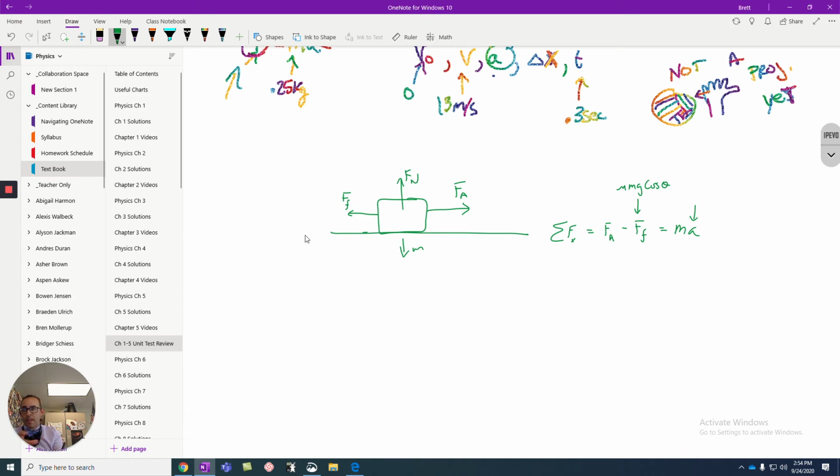Assuming this is a flat surface, cosine of theta goes away because theta is 0 and cosine of 0 is 1. So right here we can see where mu pops up. In order to do this, you would need to know how much force I'm applying in order to get a specific acceleration. But if you knew that information, you should be able to calculate the mu.